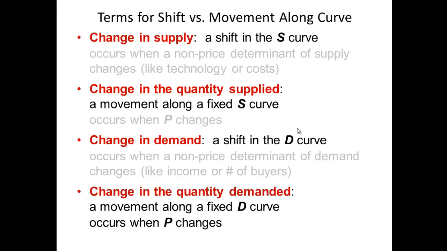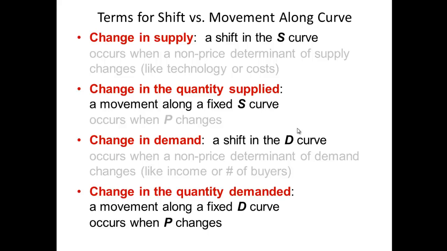Remember, technology, input prices, the number of sellers, and expectations are factors that would cause the entire supply curve to shift. That means we have a change in supply. If, however, we only change the price of a product, then there's been a change in quantity supplied, which means there is movement along the supply curve.